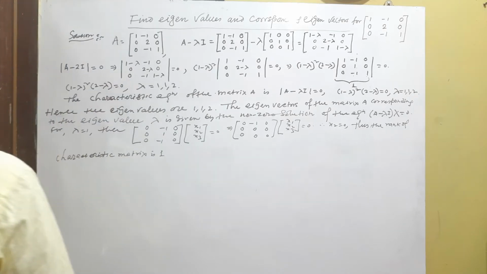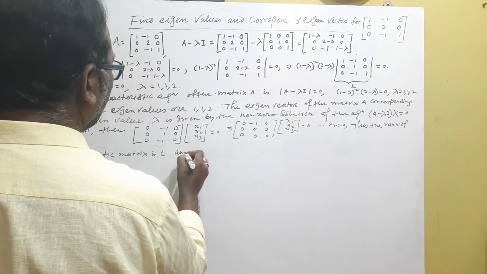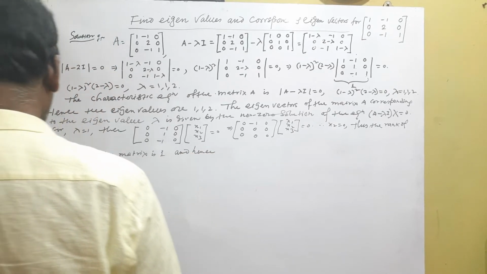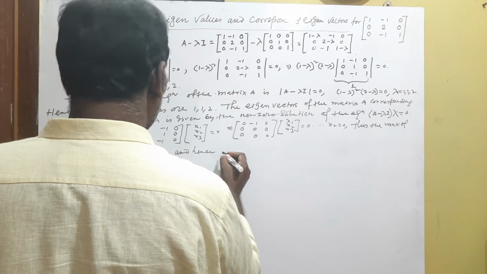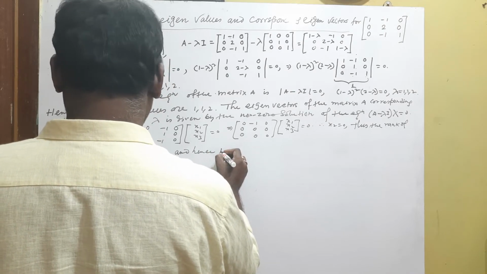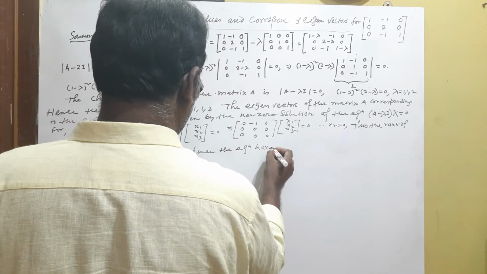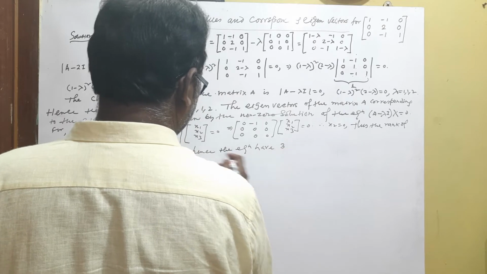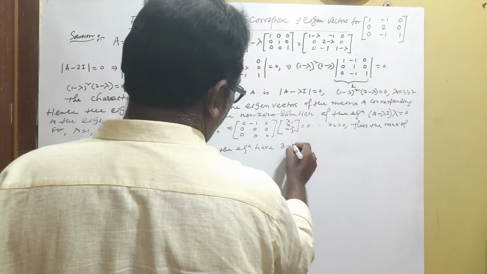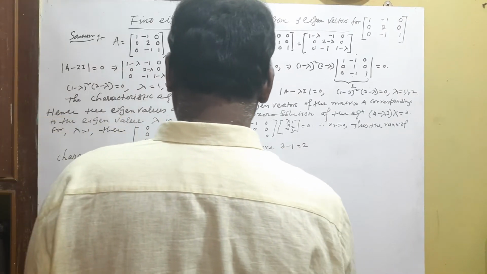Thus the rank of the characteristic matrix is 1, and hence the equation has, the order of the matrix here is 3 and the rank is 1. So we get 2 linearly independent solutions.